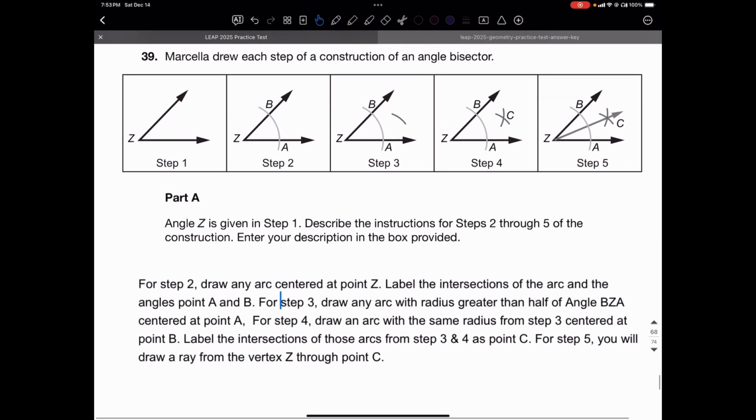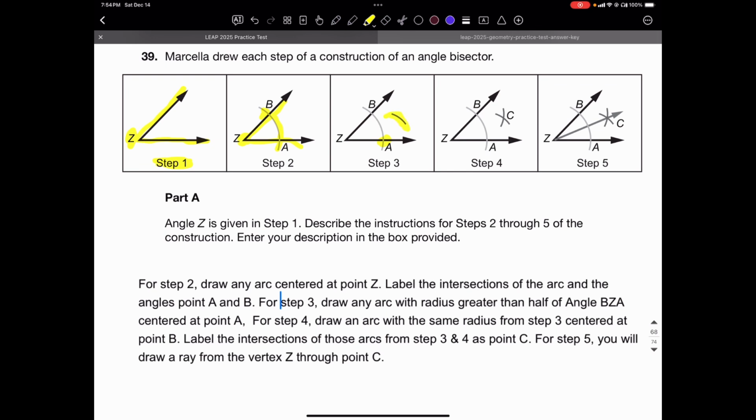So if you follow along with those steps from step 1, let me go ahead and highlight this so we can see what I'm talking about. Step 1, this is given. You're given the angle with vertex Z, right? That's step 1. Step 2, you take your compass and put it on vertex Z and draw any arc, and where it intersects those rays from the angle, you mark it A and B. Then from point A, you do another arc that's more than halfway.